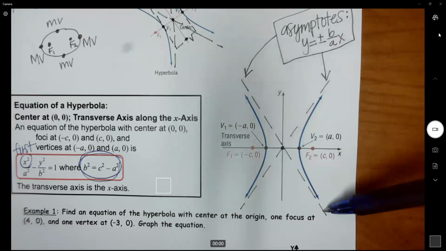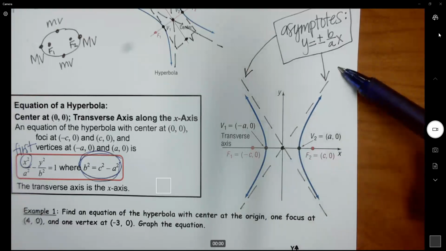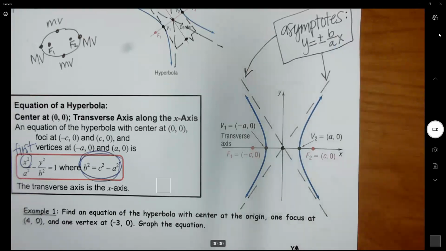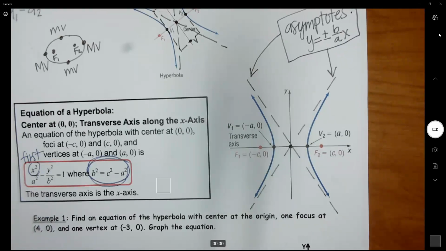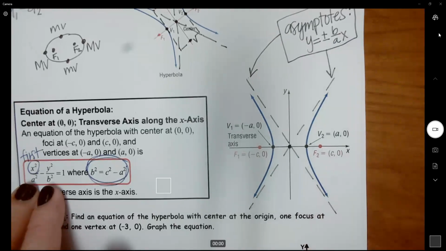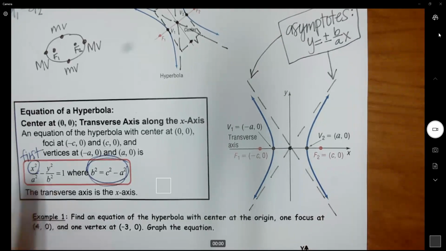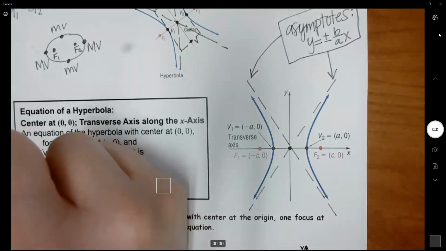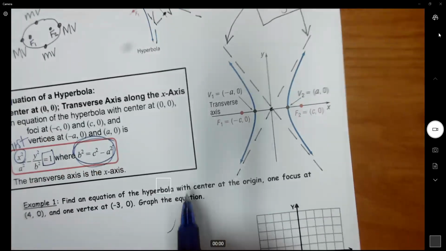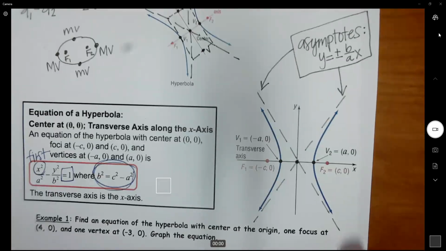Here's your negative slope. Here's your positive slope. That's why it's plus or minus for those two lines. And that a and b come from your a squared and your b squared down here in your formula. And then just like with your ellipse, this equation here should always equal 1.